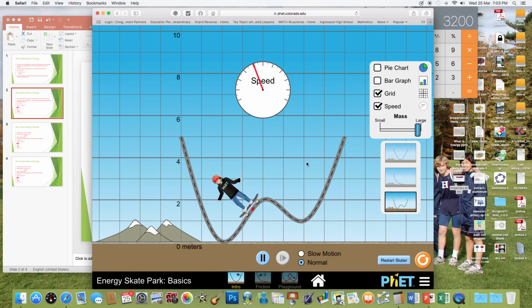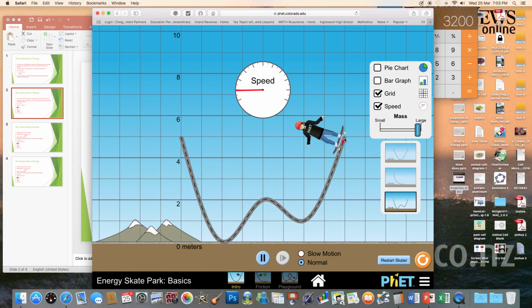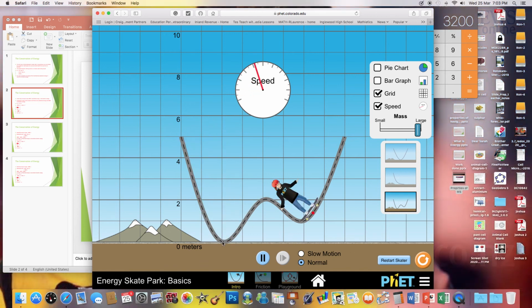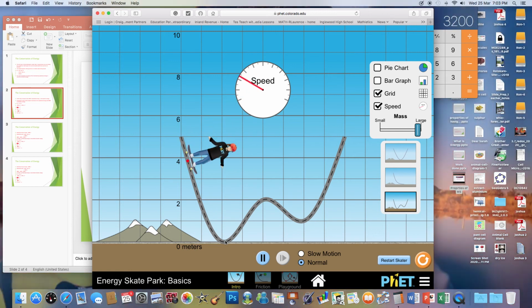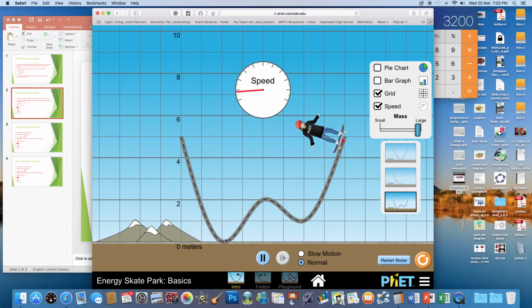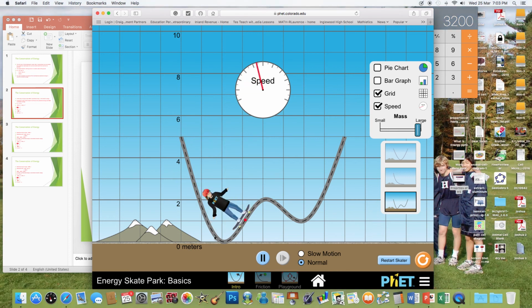But note that he's got maximum kinetic energy here, potential energy there and there, maximum kinetic energy here, and these two pieces in here must add up to what the kinetic energy is down here. So that is the conservation of energy.